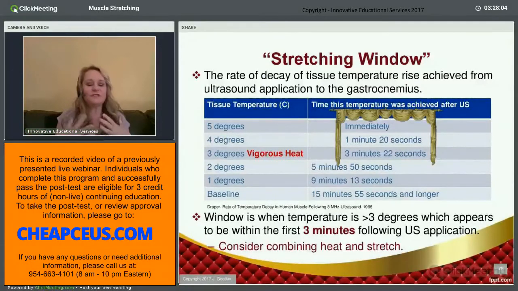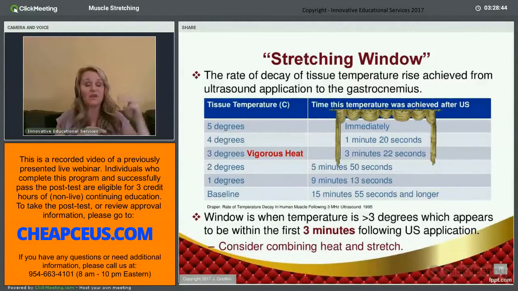What's important to note is that we know from muscle physiology and responses of tissues that if we have a 1 degree increase in tissue temperature, we start to see a little increased metabolic rate in the cells. If we get to a 2 degree increase in tissue temperature, we're starting to see an increase in circulation, so that can help in pain reduction by sedating the nerve endings. It can help if there's a spasm with restoring the circulation to decrease the tissue hypoxia.